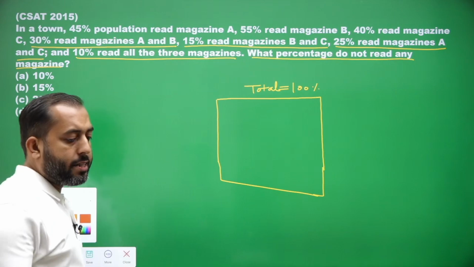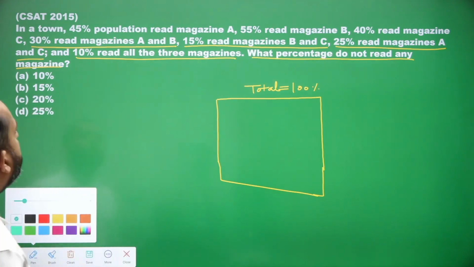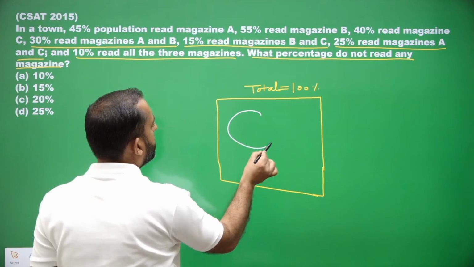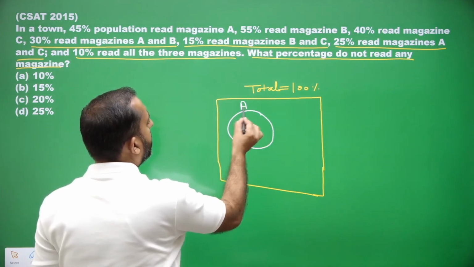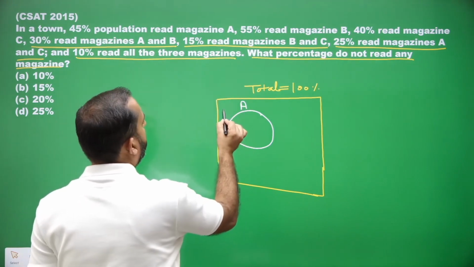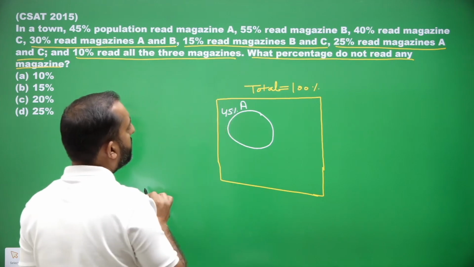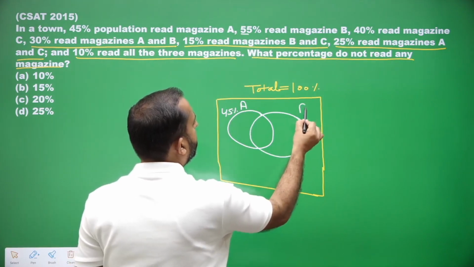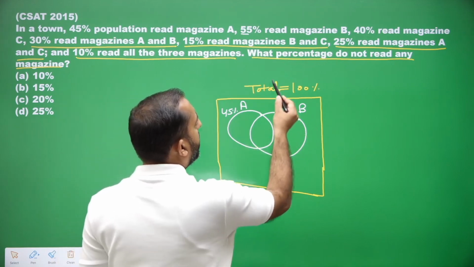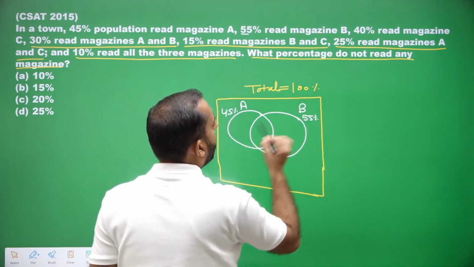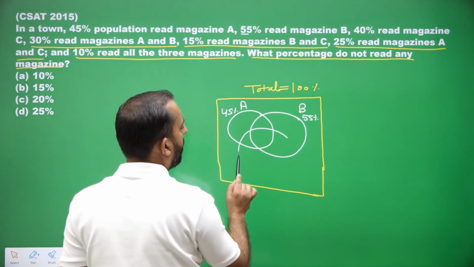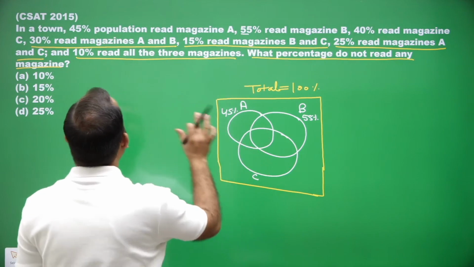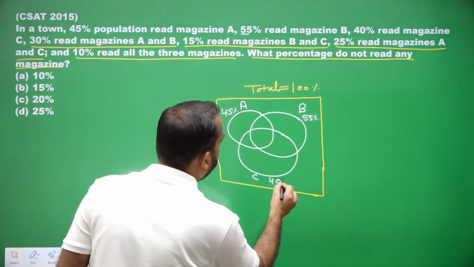Now, out of this 100%, 45% population read magazine A. So there is a circle representing those people who read magazine A, and the value of this complete circle is 45%. 55% read magazine B. So there is one more circle representing number of people who read magazine B, and the value of this circle is 55%. After it, there is one more circle representing number of people who are reading magazine C, and value of this circle is 40%.